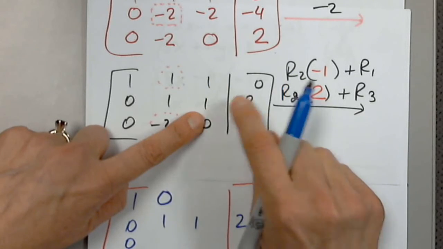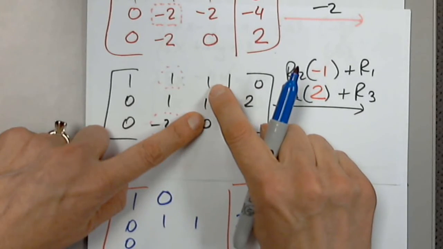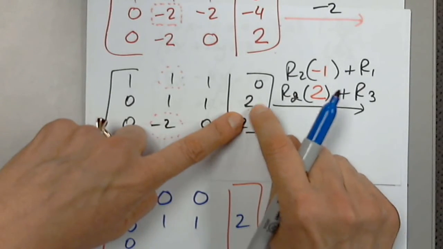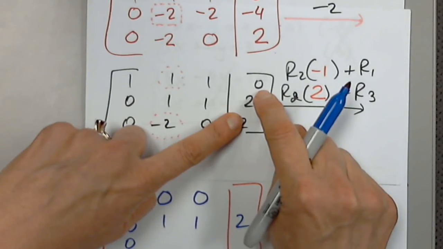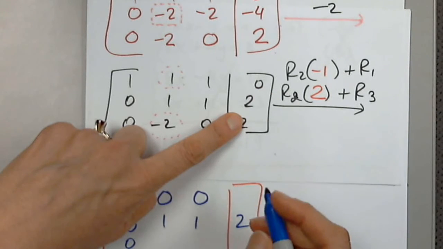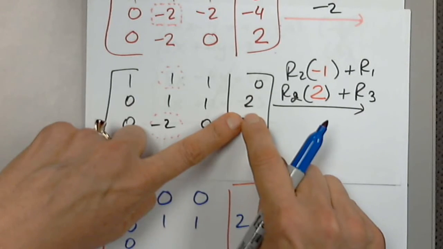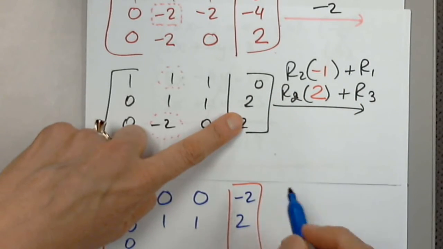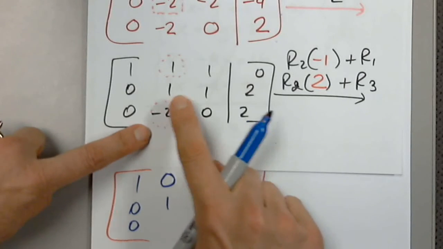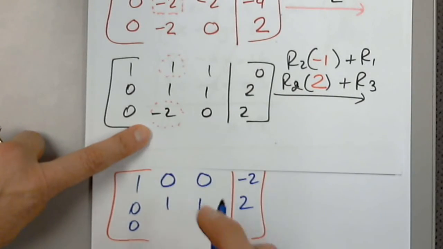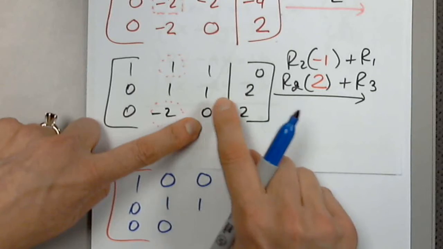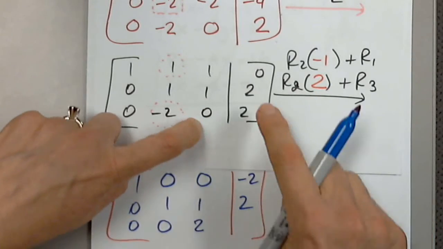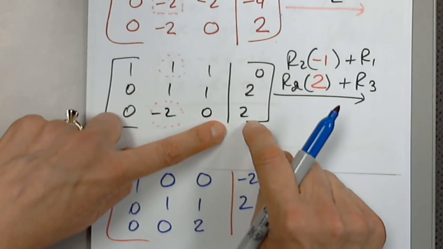One more time. 1 times -1 plus 1. 2 times -1 plus 0. 2 times -1 plus 0. Very good. 1 times 2 minus 2. 1 times 2 plus 0. Perfect. 2 times 2 plus 2.